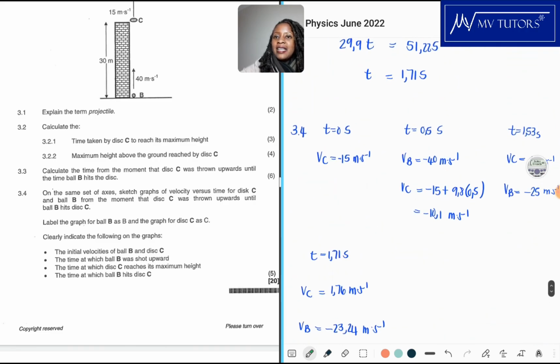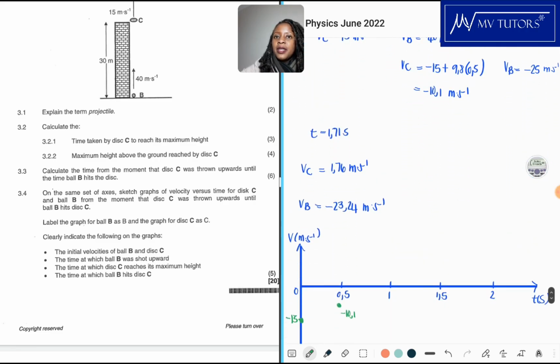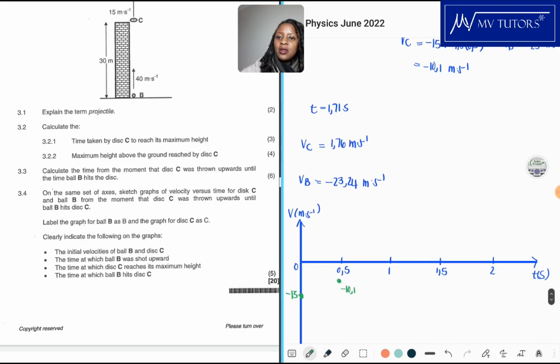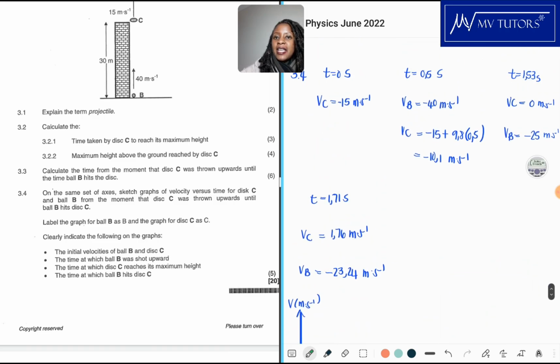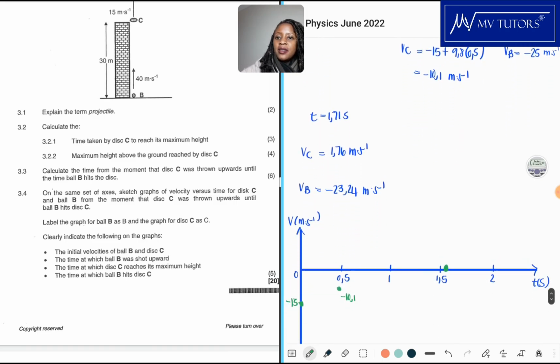And then at 1.53 we had 0, so somewhere there we have 0. And then at 1.71 seconds, I'm just gonna put it there. Like I said, it's not to scale, so we have 1.76.